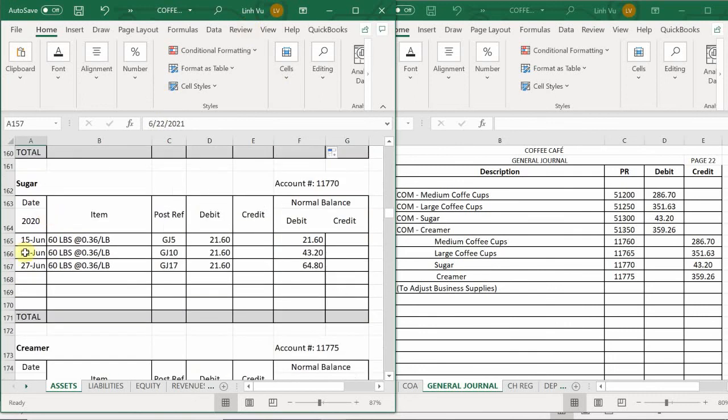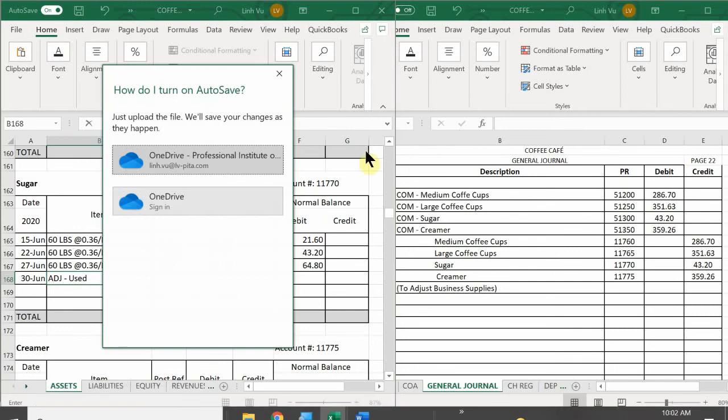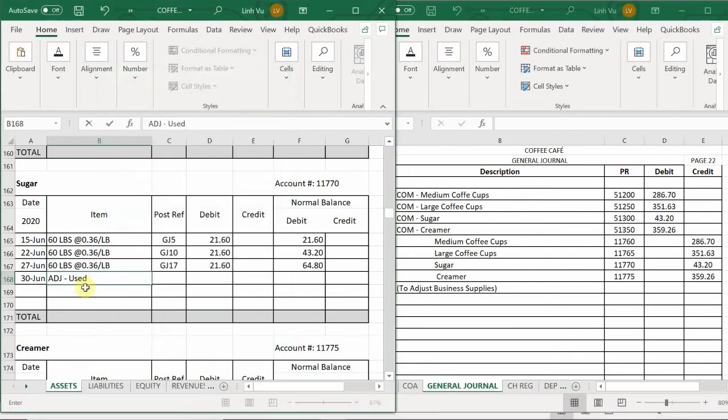So here, sugar, adjustment. How many pounds did we use? I think it's 120. Okay, so ending balance.